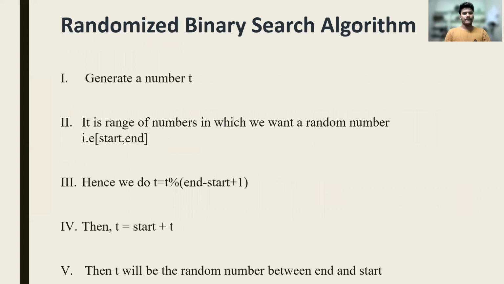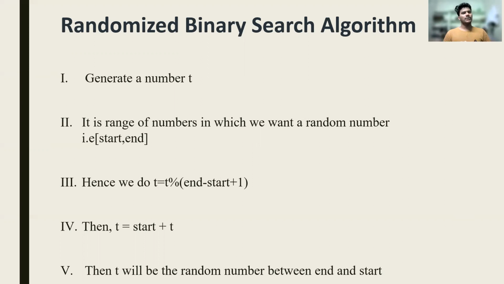So we'll go to the algorithm. I have given the first part of the algorithm, which shows the difference between binary search and randomized binary search. Here we have to generate a number t, and it should be in the range of start and end directly, with no need of taking any average.